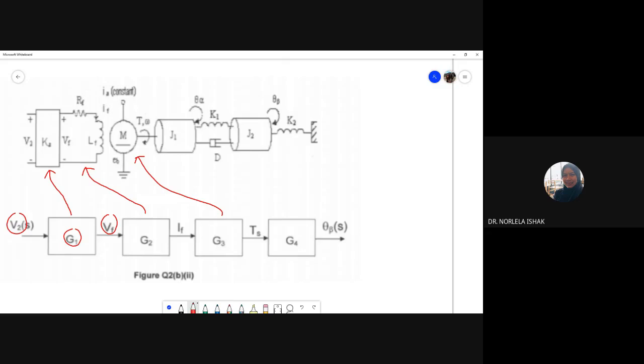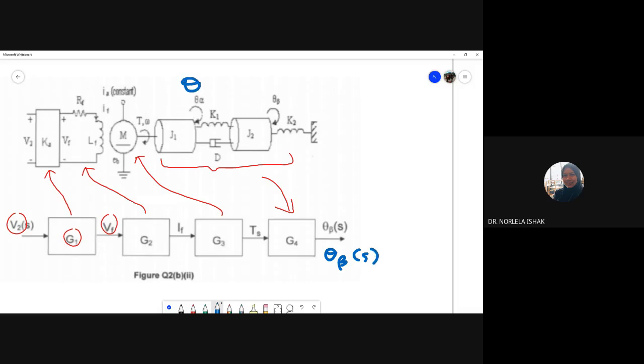How about the last block, G4? G4 belongs to which? For the rotational mechanical system. Okay, meaning G4 belongs to this, but we have to make an assumption, because here the output they choose is the angular displacement beta.